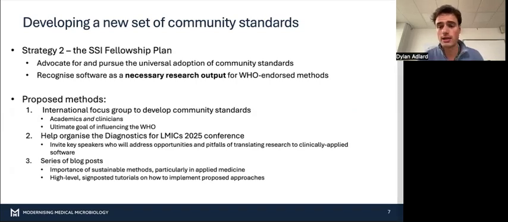Secondly, I will be helping organize the Diagnostics for Lower and Middle Incomes Countries 2025 conference, which focuses on catalyzing the development and delivery of new diagnostics for LMICs. Last year's conference brought together some really high-profile speakers with audience members whose expertise spanned the R&D range for diagnostics. And so it's an ideal place to broadcast the SSI's message directly to the target community.